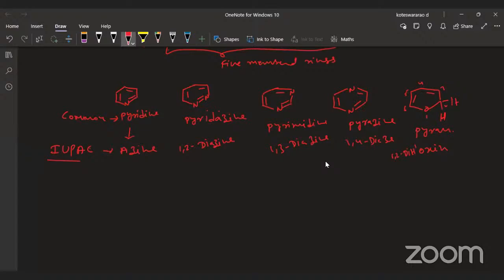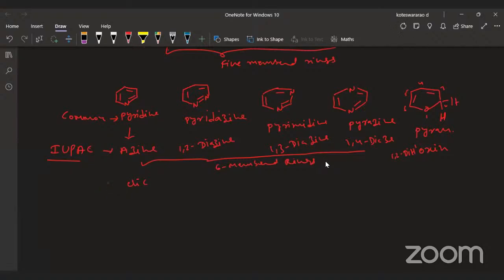We also have several fused rings with common names. Bicyclic or fused rings. You consider these are all 6-membered rings.